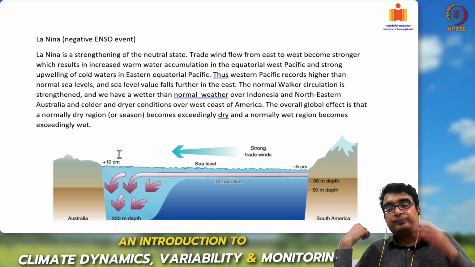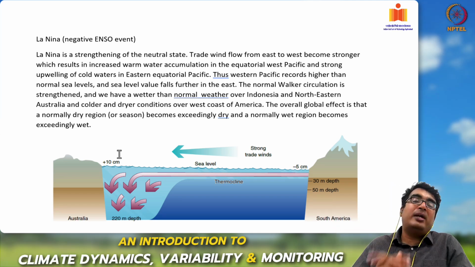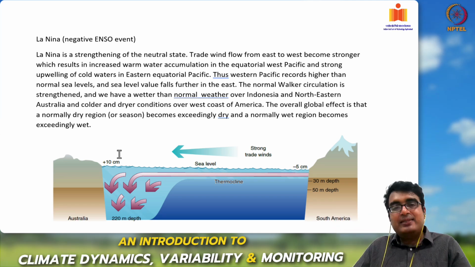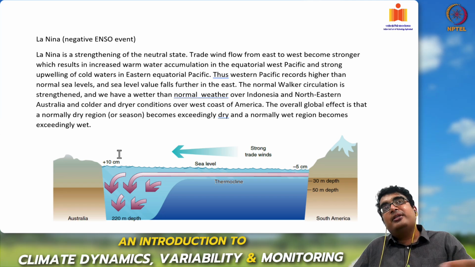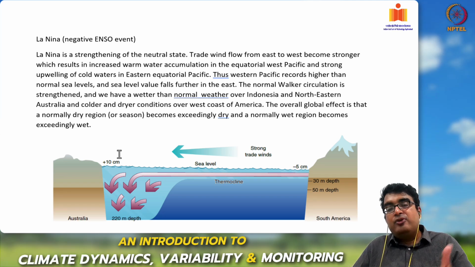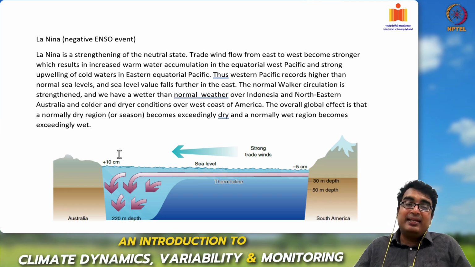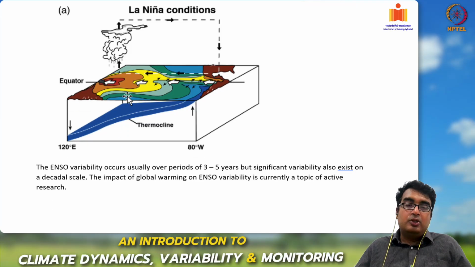Okay. So, the overall global effect is that during the La Nina case, a normally dry region gets exceedingly dry and a normally wet region becomes exceedingly wet. So, you have the La Nina event as an even stronger intensification and a much deeper thermal.